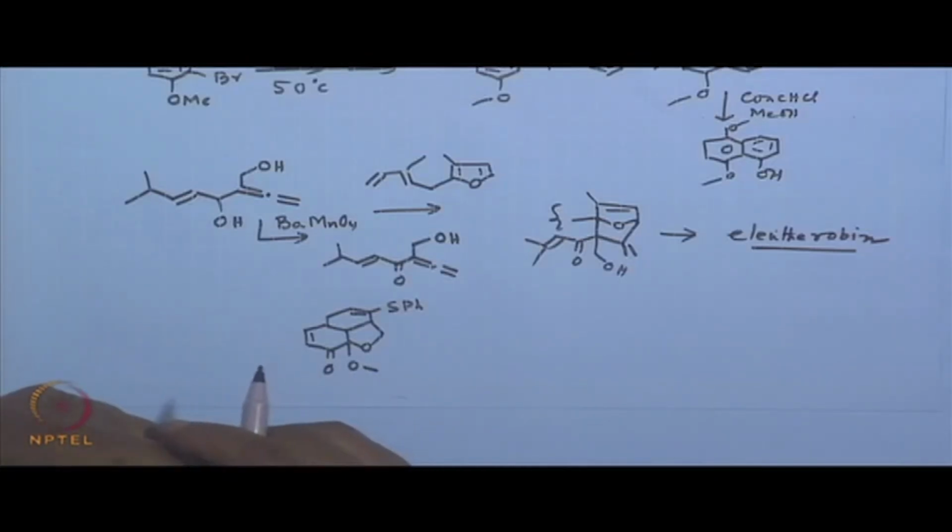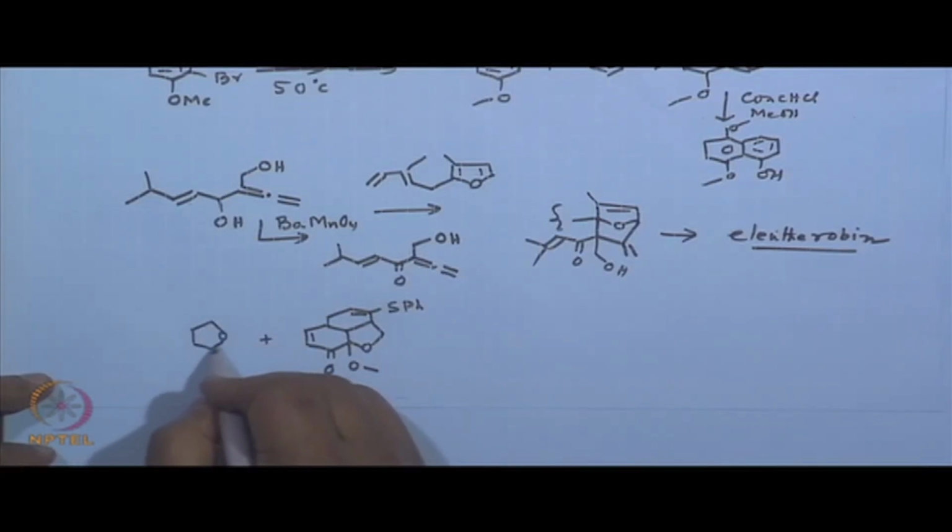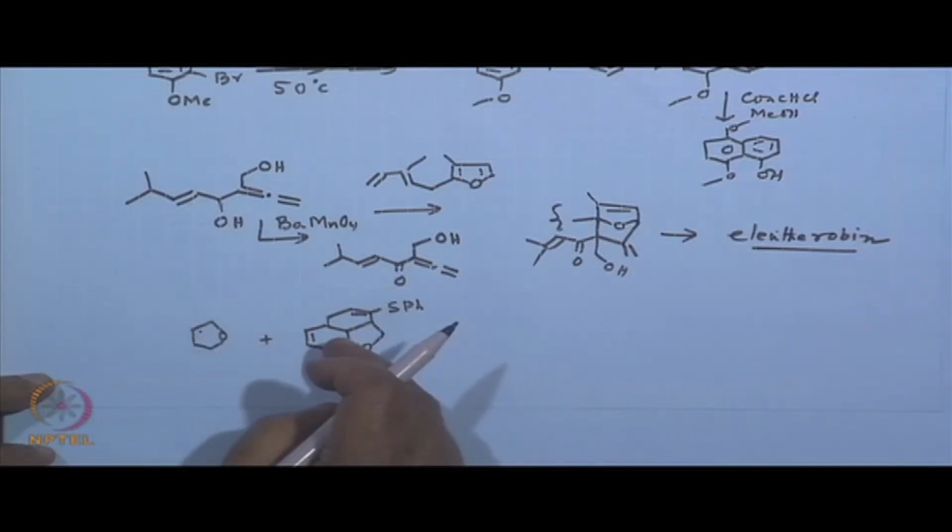For example, if you try to react cyclohexenone and isoprene, okay, the reaction does not go very well. So, you have to use all kinds of acids and Lewis acids, but the yields are not very good. One of the reasons is that the cyclohexenone polymerizes, fine. But if you try to do the Diels-Alder reaction with furan, so what is your prediction? Let us say you have a furan molecule, should it react with this dienophile?